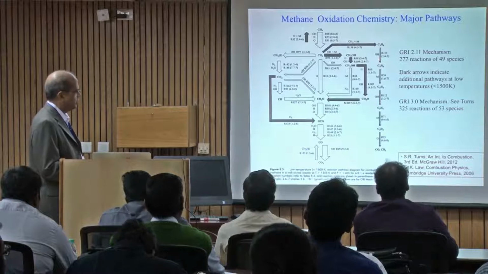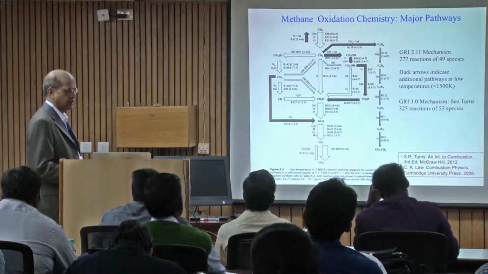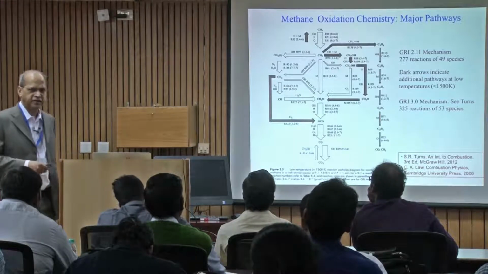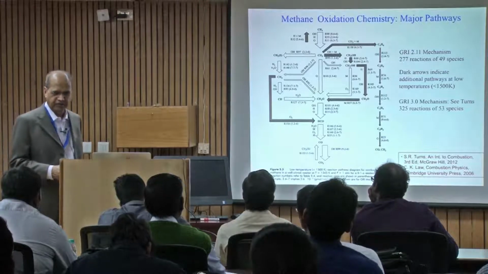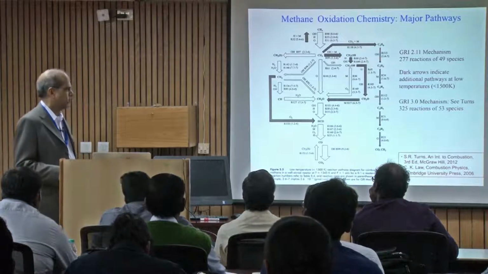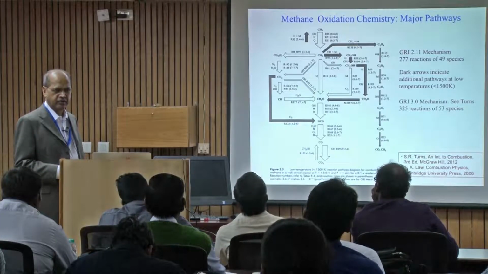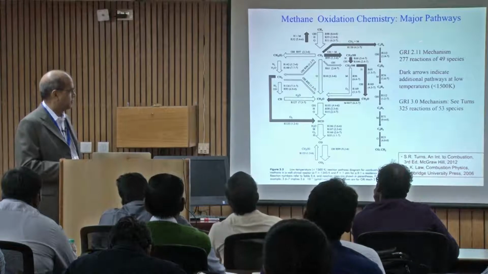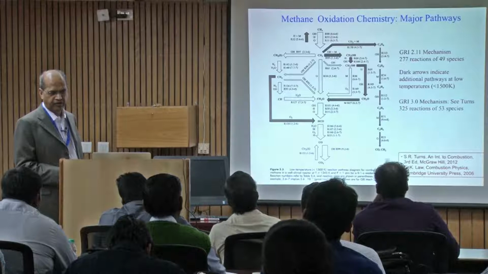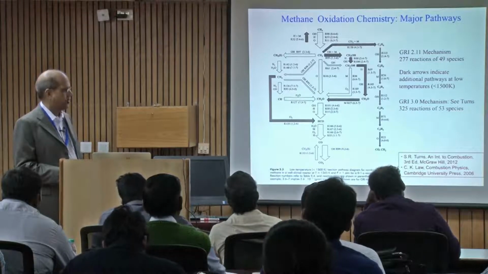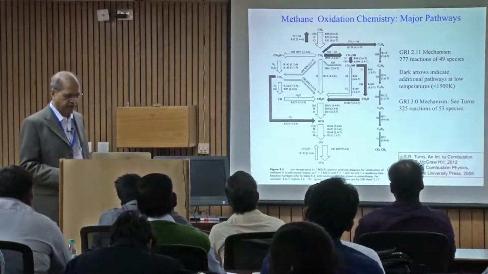Many reduced mechanisms didn't have this path. What that meant is that for certain conditions you'll get good results, and for other conditions you may not, especially with fuel-rich mixtures. In fuel-rich mixtures you have a lot more CH3, more fuel, so this path was important, and people did not get good results.